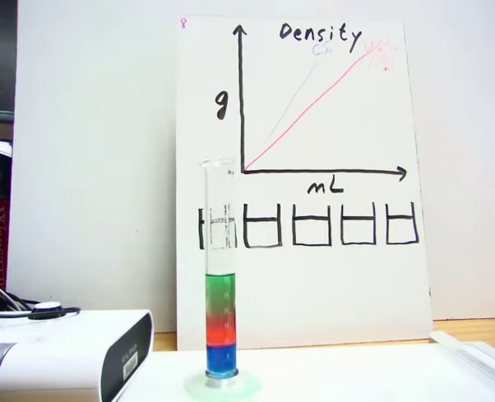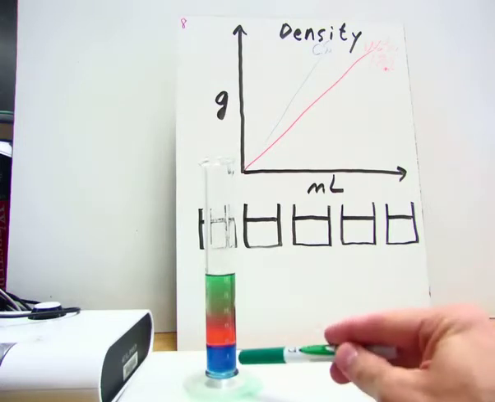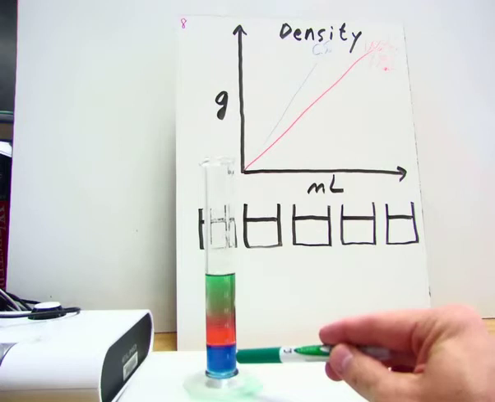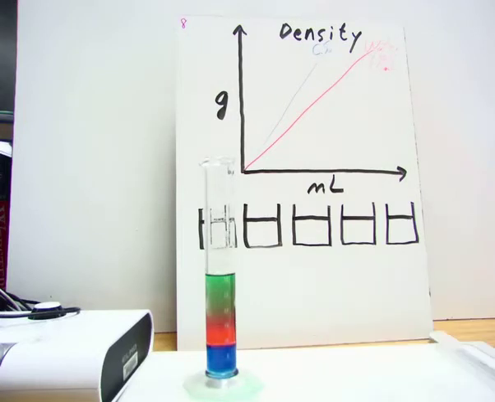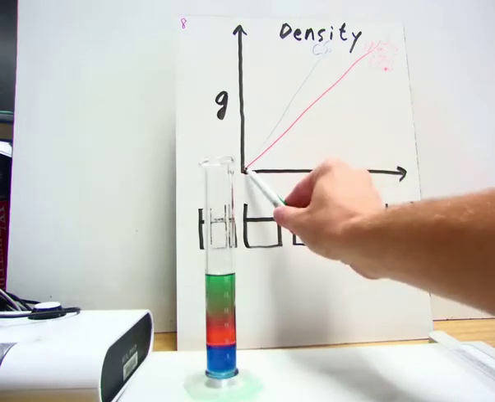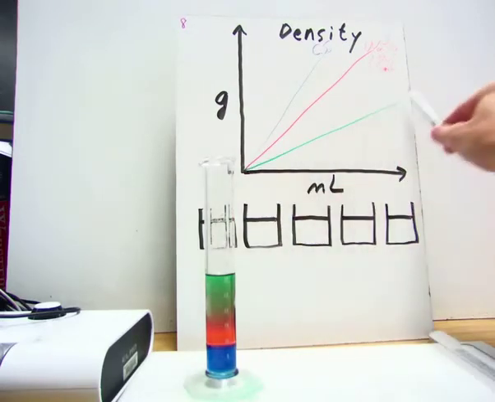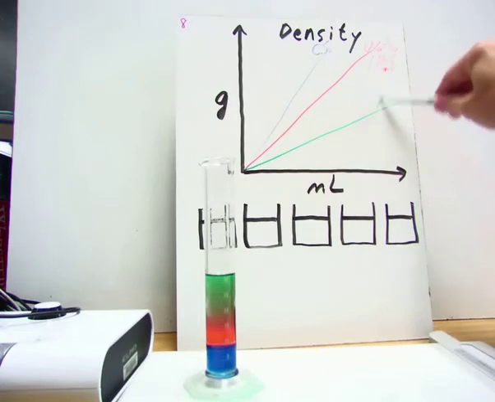And I think it's also pretty easy to see that the corn syrup is the most dense. It has the most stuff in the same volume, and then water, and then the lightest is methanol. So its mass per volume is going to be less.